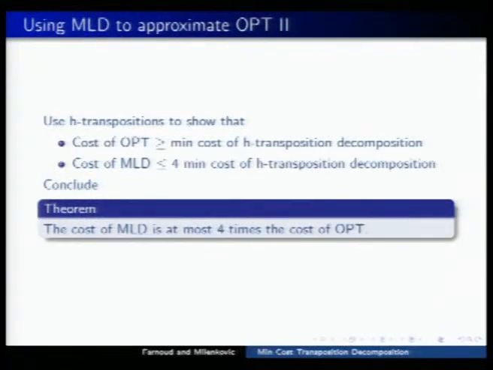And so it's easy to see, I guess I just proved it, that the optimum decomposition is going to have a cost higher than the minimum cost when using half transpositions. We can also prove that the cost of the MLD is bounded by 4 times the cost of the half transposition decomposition.